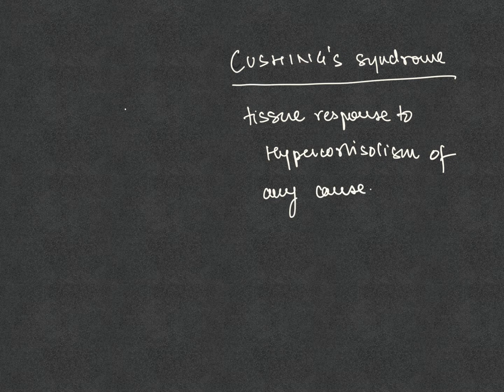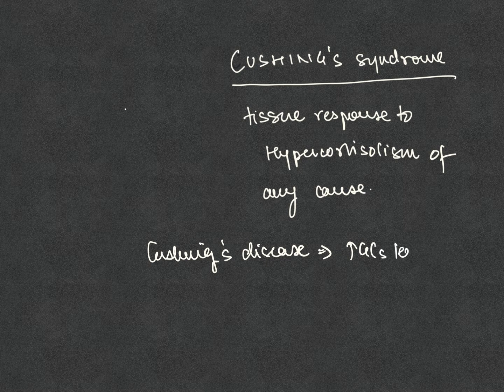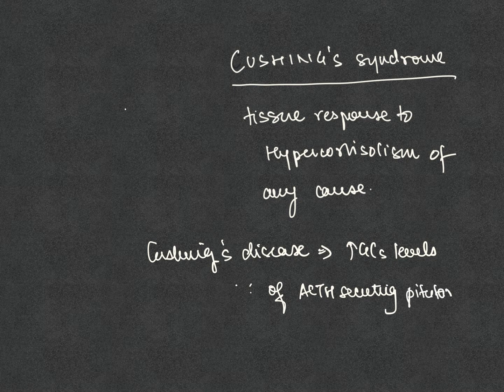While Cushing's disease is increased glucocorticoid levels because of ACTH secreting pituitary adenoma.